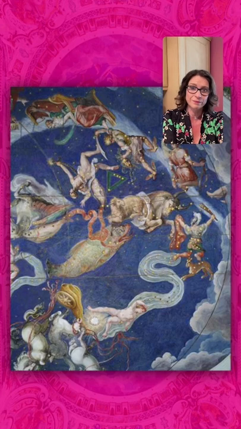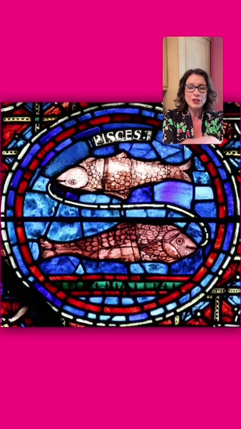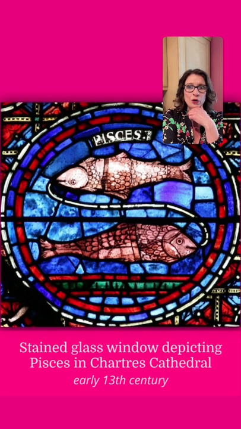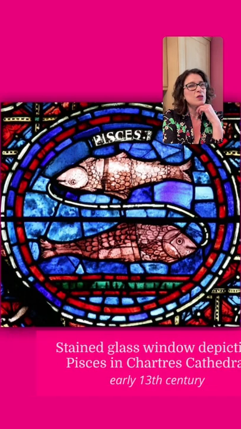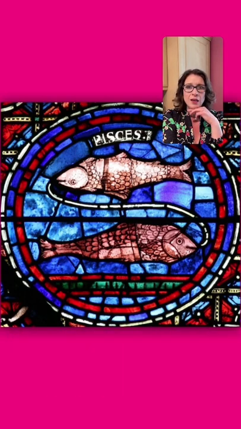Typhon is a volcano. Just to finish off here, I wanted to show you this image, which is Pisces. It's one of 176 stained glass windows in Chartres Cathedral. So the cathedral itself was built 1190 to 1220, so 12th, 13th century.